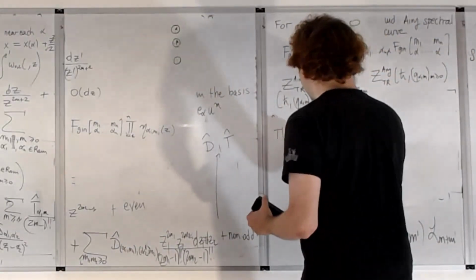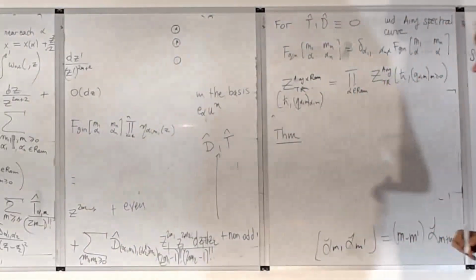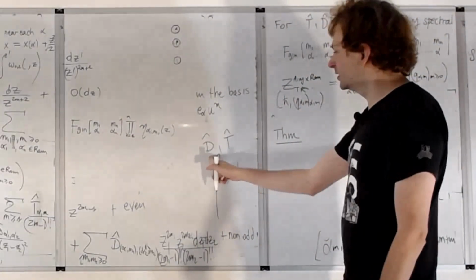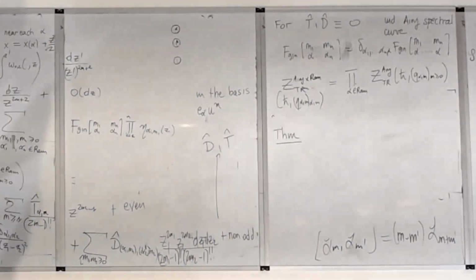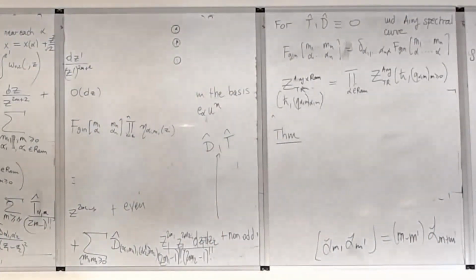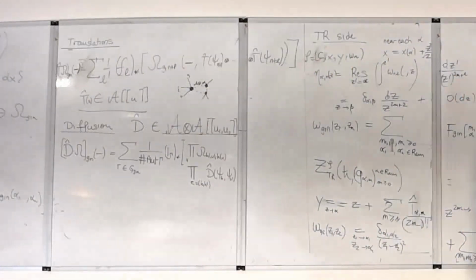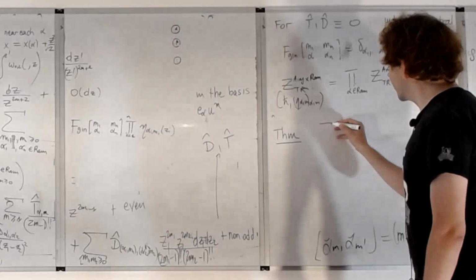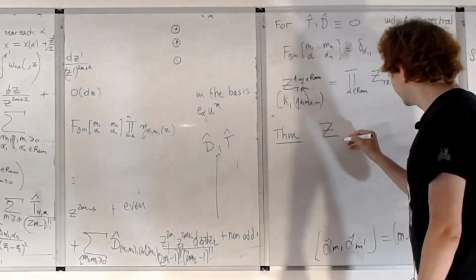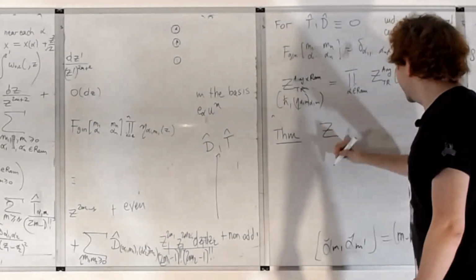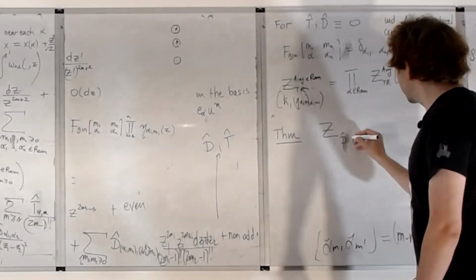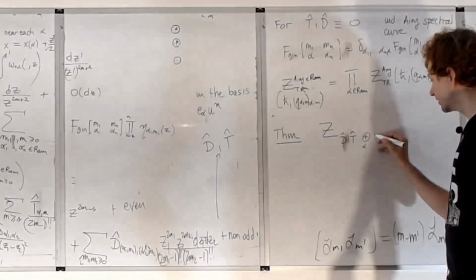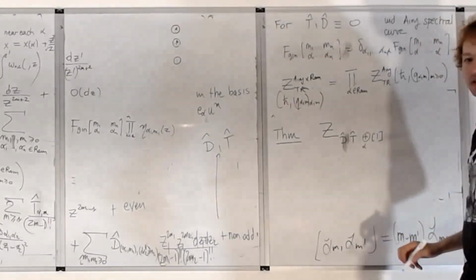So the theorem, just putting everything we did before together, is that if you take this d hat and t hat, which are elements here, obtained from the spectral curve, you're going to see that Z of d hat, t hat is the following.